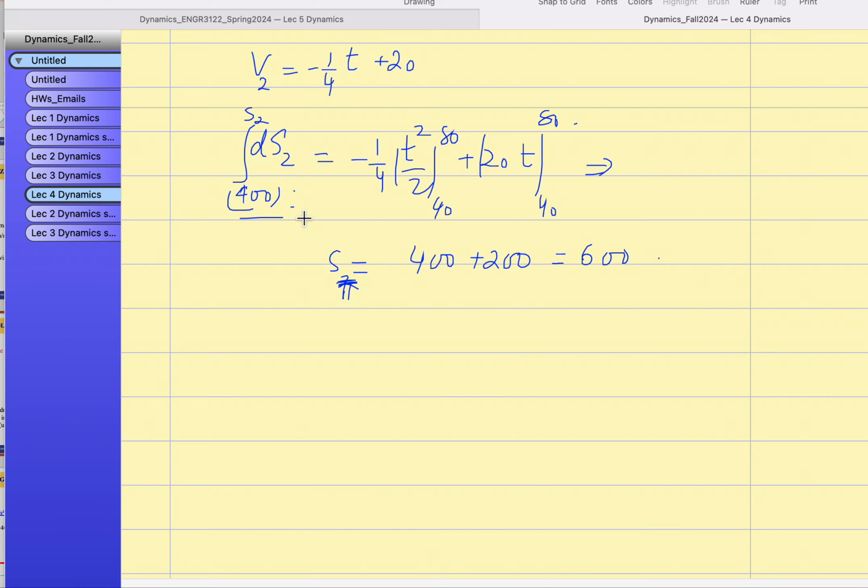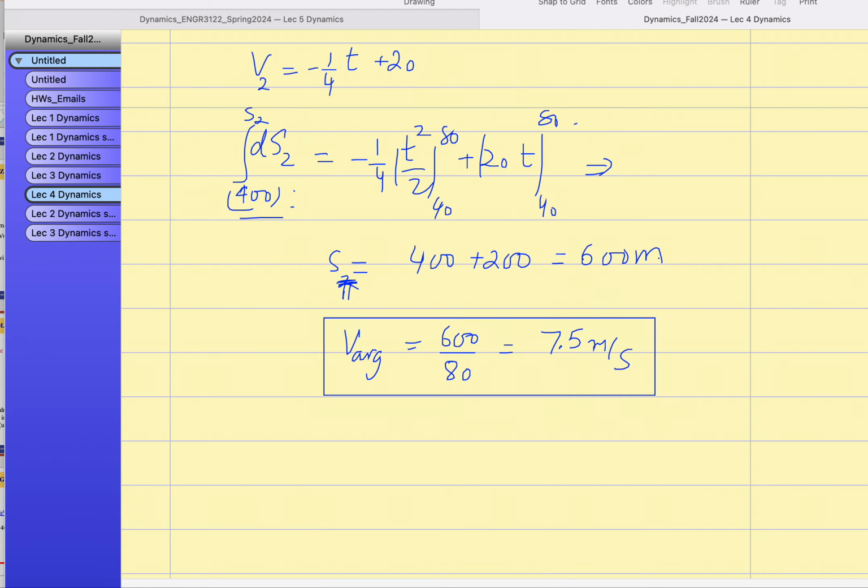I'm starting with the initial condition of 400, which is the last position of the previous piece. That's why I'm adding this 400. So the total distance covered is 600 meters. So average speed is the total distance divided by the time duration. This is 7.5 meters per second. So this is how you find the position.